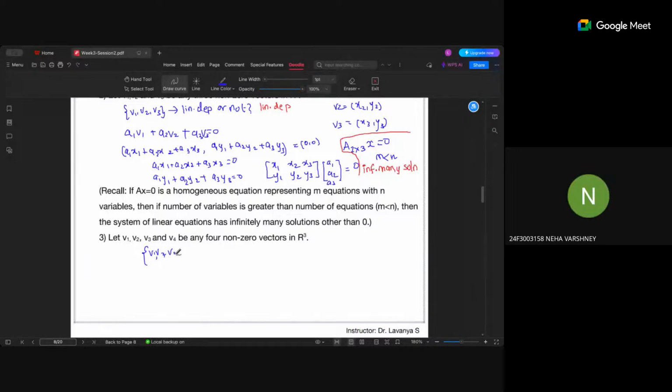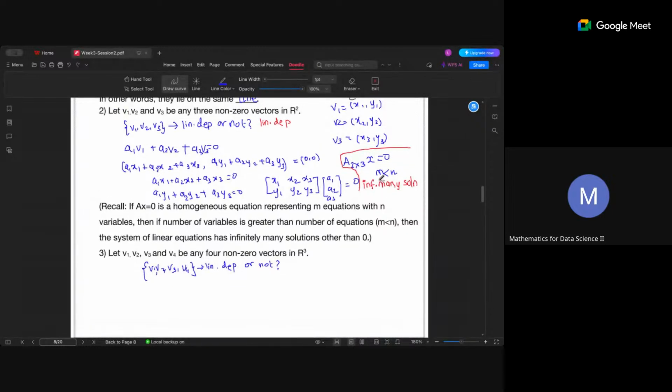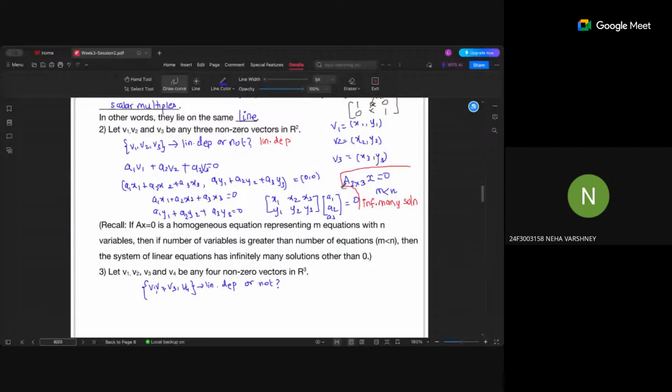When will it have infinitely many solutions? There are many other scenarios for Ax equal to b and Ax equal to 0, such as when m is greater than n.